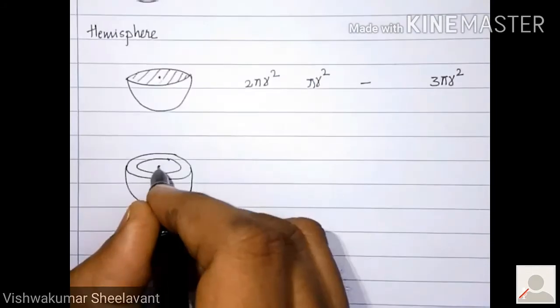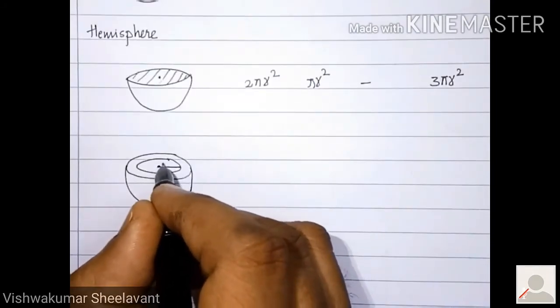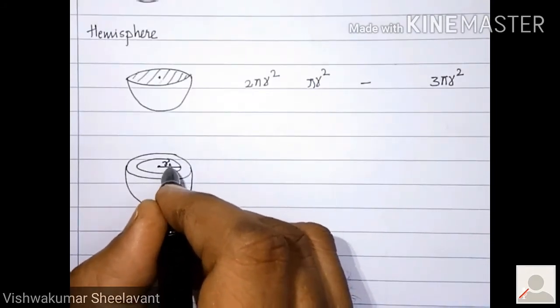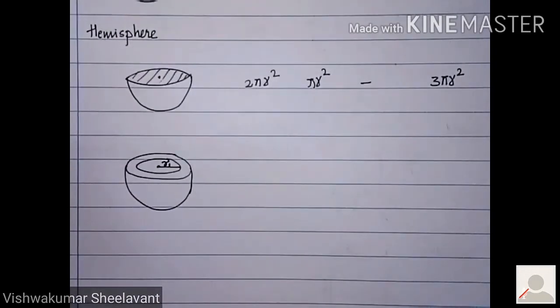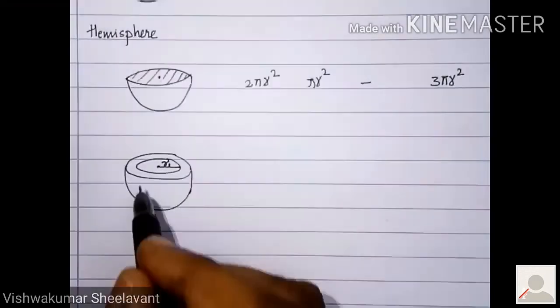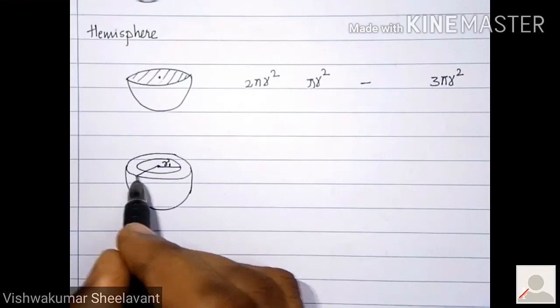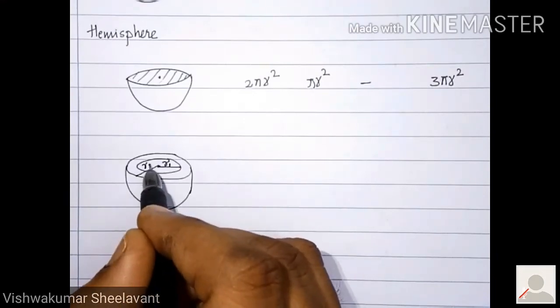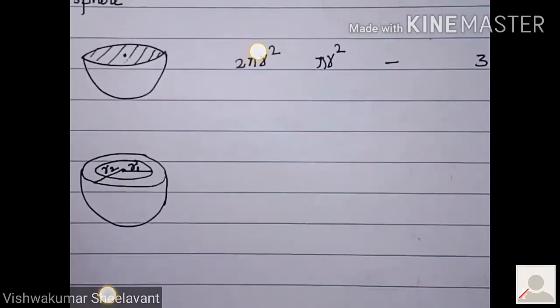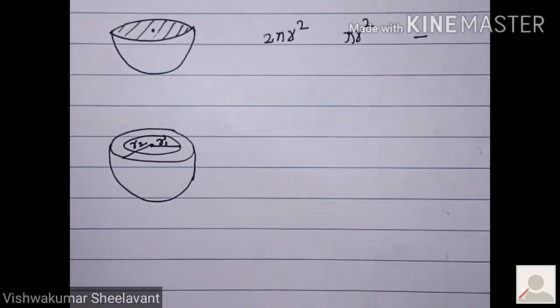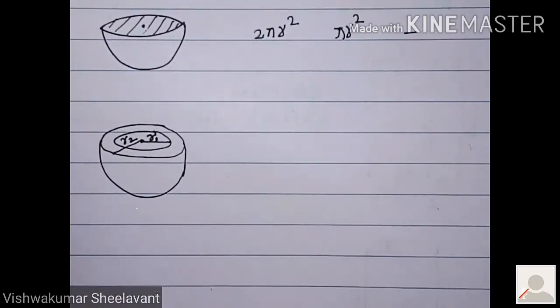So here, the inner radius is R1 and the outer radius is R2. Inner radius is R1 and outer radius is R2.